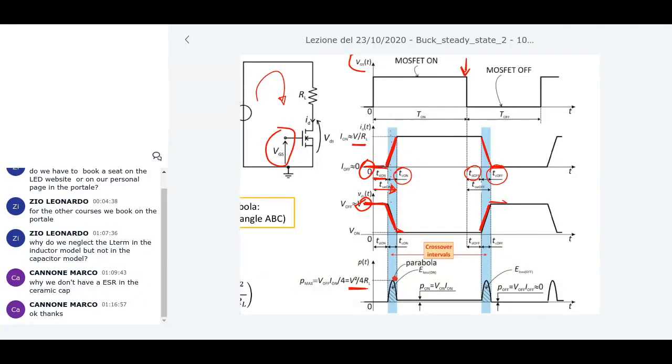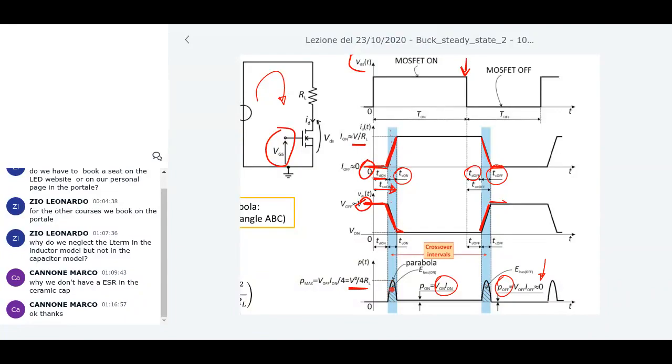Then you have the term V on times I on, which is the conduction loss I talked about previously, the power dissipated when the MOSFET is on. It depends on R on and the root mean square value of the current. Then you have another contribution of power during turn off. The power when the MOSFET is off is negligible, as I said before.